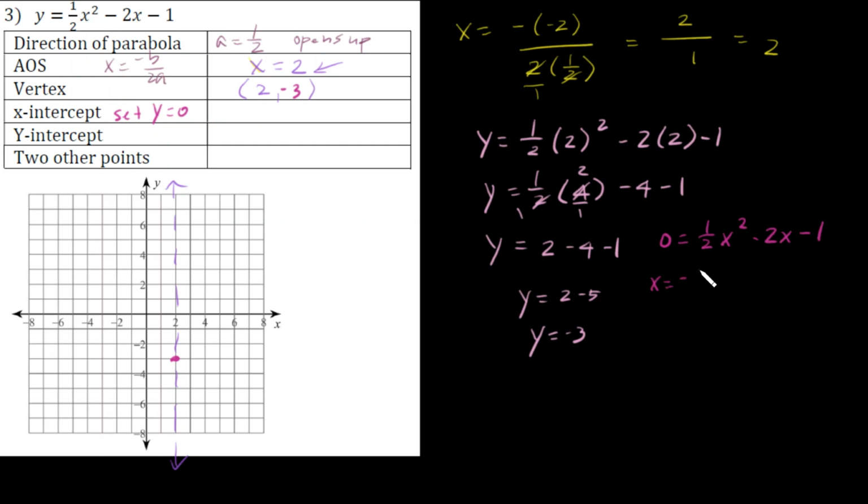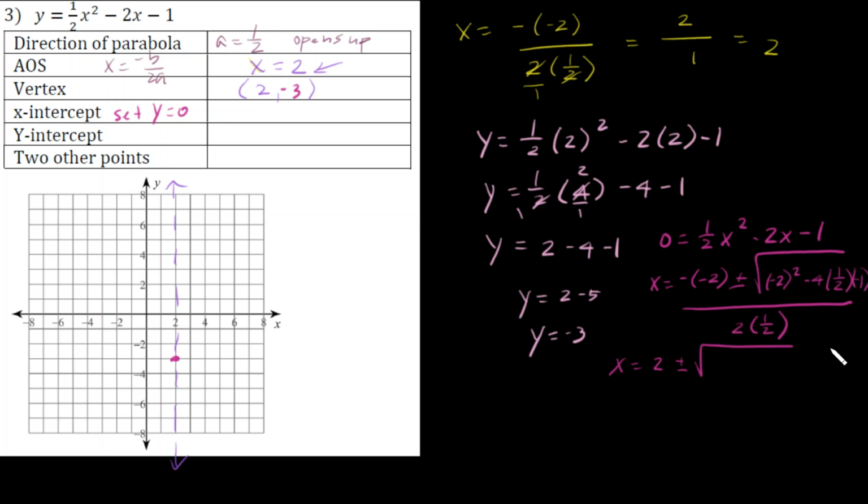X equals negative negative 2 plus or minus square root of negative 2 squared minus 4 times 1/2 times negative 1, over 2 times 1/2. So x equals 2 plus or minus square root of 4.